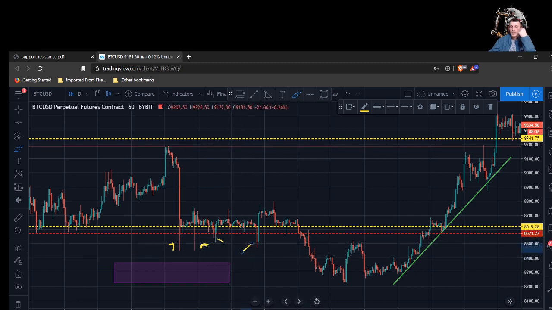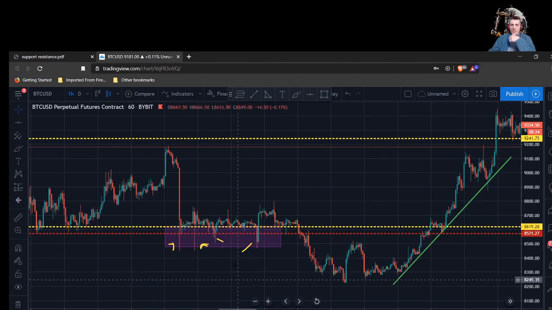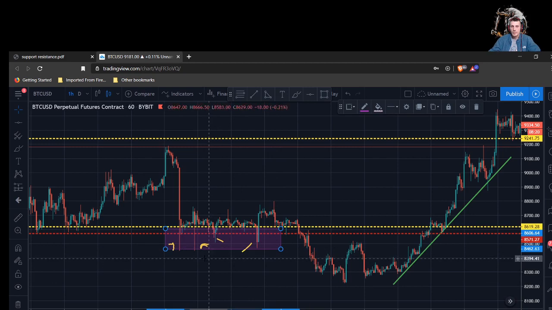There. If you would have had your area drawn on there, you could have moved your stop, actually put your stop right here below this, and you would have caught this nice little long right here.